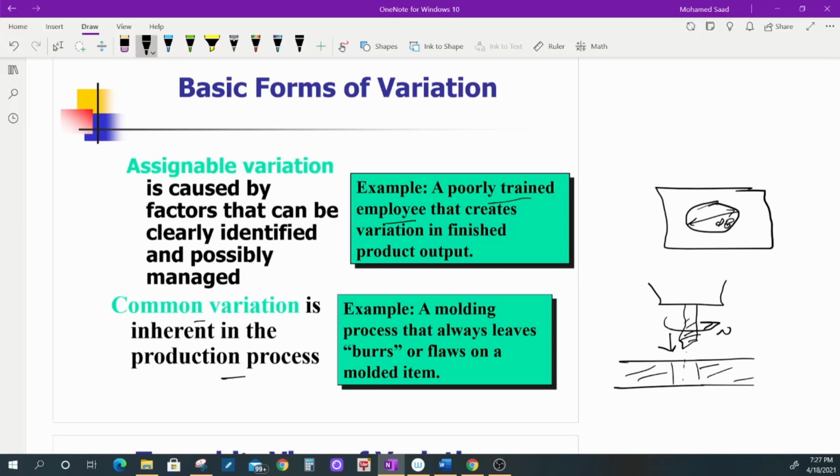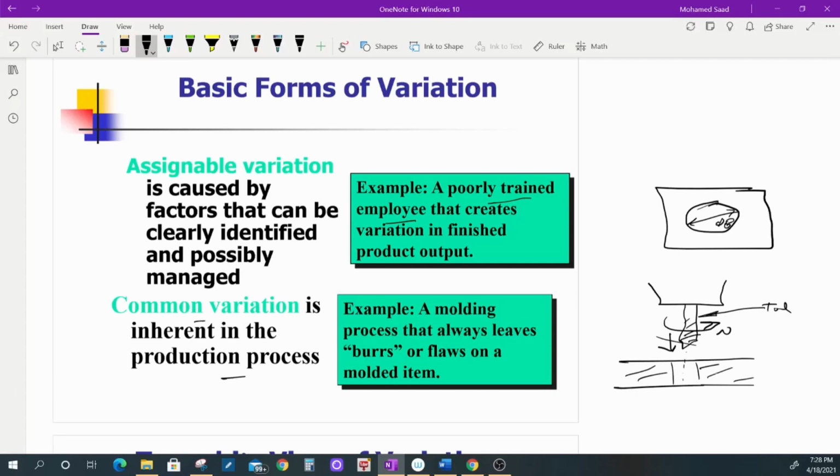So it's a very simple process. The sources of variation that are assignable would be, let's say, the operator, instead of putting the right tool material, which was supposed to be carbon steel or some grade of steel, he bought a different tool. That specific operator used the wrong tool material.